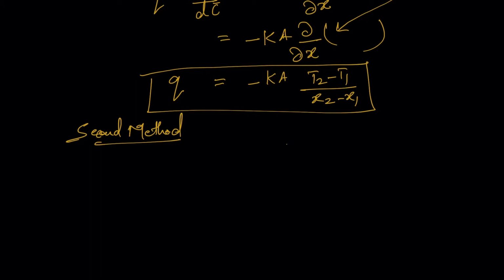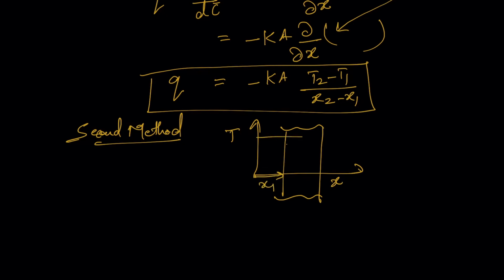Second method was, so this was your temperature, this is x, this was x1, and this was x2. So let's take a small width here, of thickness dx. Okay, so we need to write a heat transfer equation through this width.